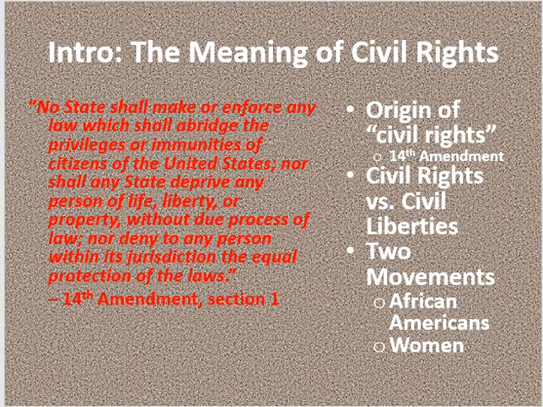So there are basically 3 separate guarantees in this amendment. First, states cannot take away from their citizens the rights they hold as citizens of the United States, i.e. their civil liberties. Second, citizens cannot be deprived of their life, liberty, or property.